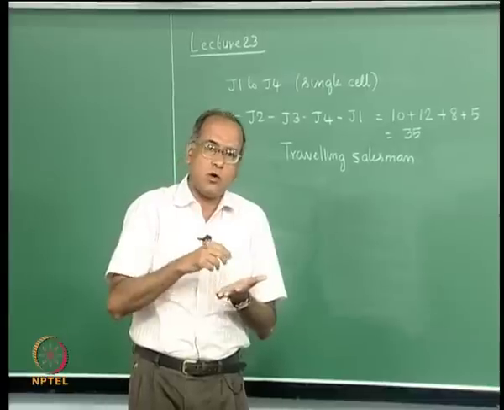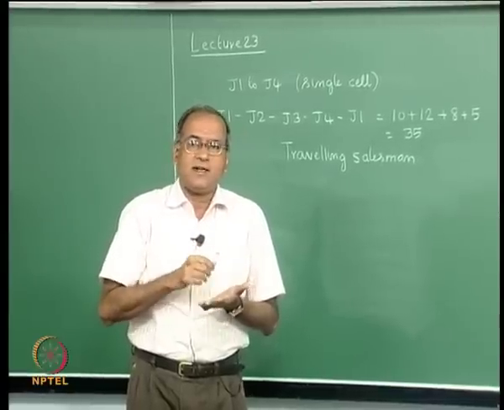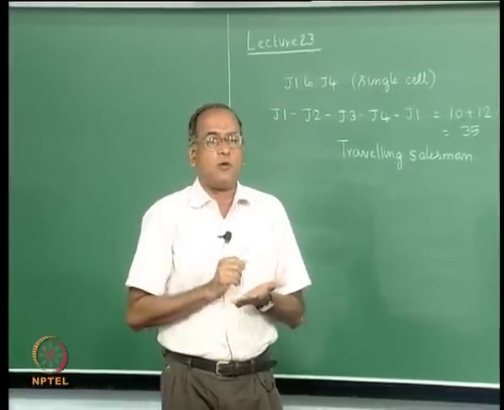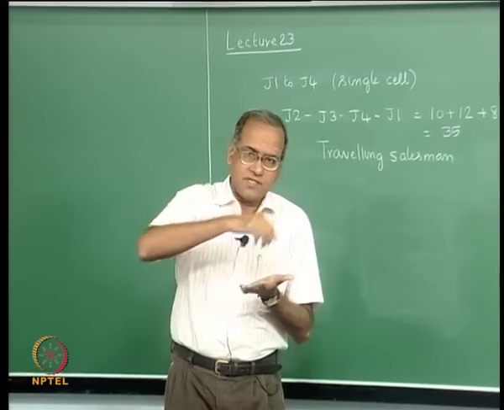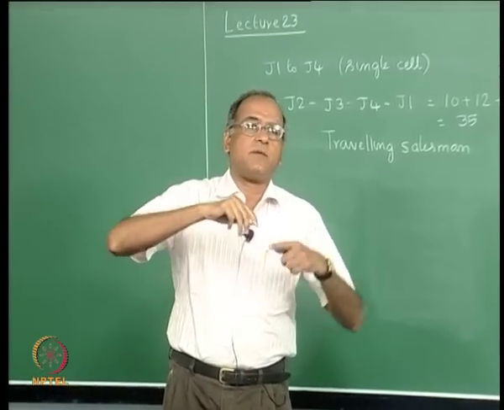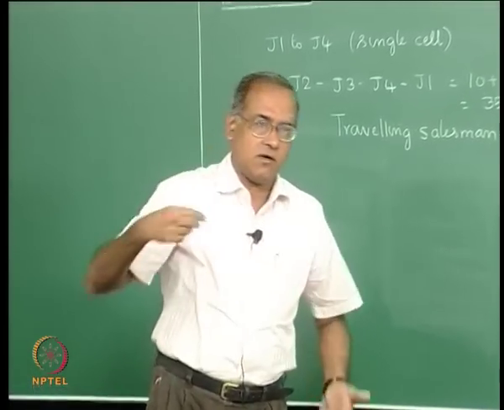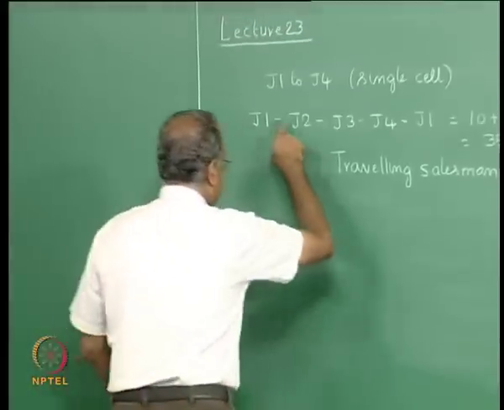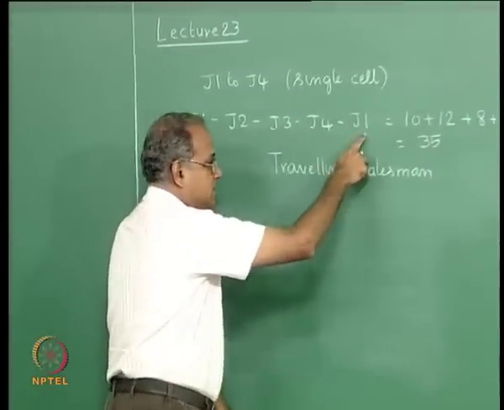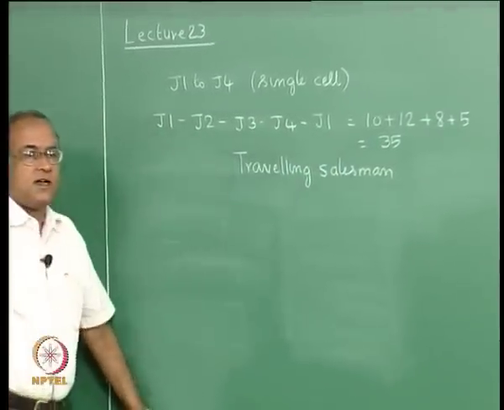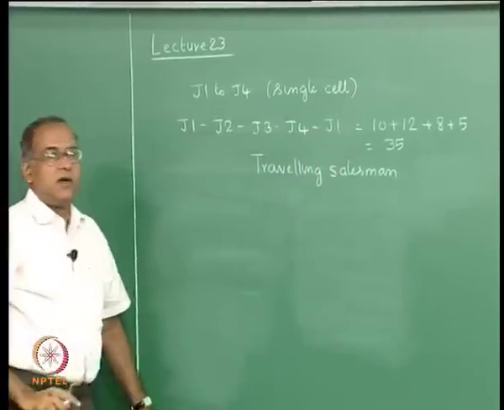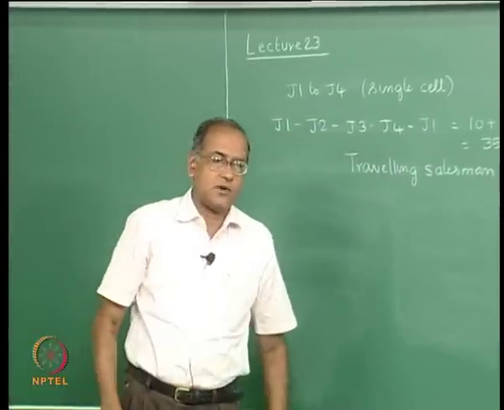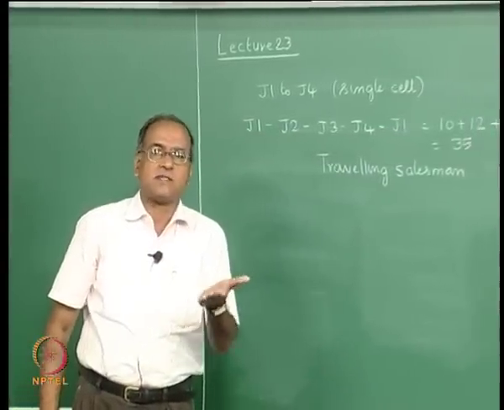We can also quickly understand that it actually does not matter whether the person starts from the shop, visits and comes back, or starts from any one of the customers and moves around. For example, J1, J2, J3, J4 and back to J1 is 35. If we take J2, J3, J4, J1 and back to J2, it is also 35. So, it does not matter where we start.